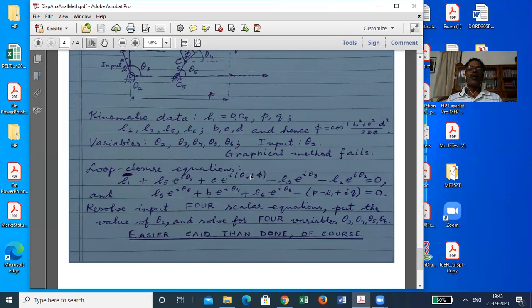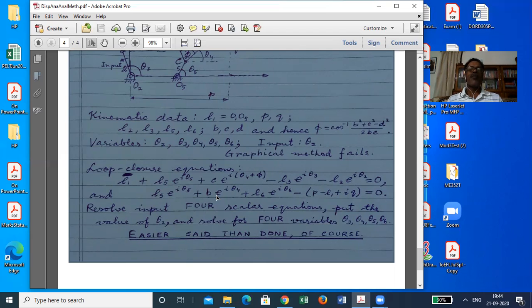So out of the 2 scalar equations, when you eliminate theta 3, one eliminant scalar equation will remain in theta 2, theta 4 and theta 5. From here also, after you eliminate theta 6, similarly you would get one eliminant scalar equation among theta 4 and theta 5. Theta 2 is not there in this, which is not a great help because anyway theta 2 was known.